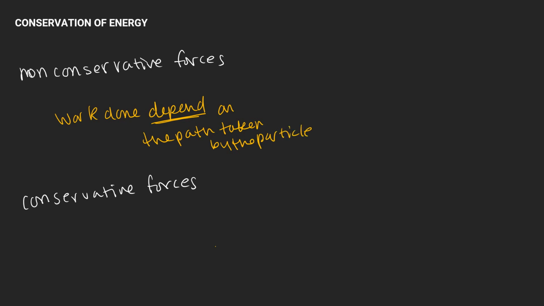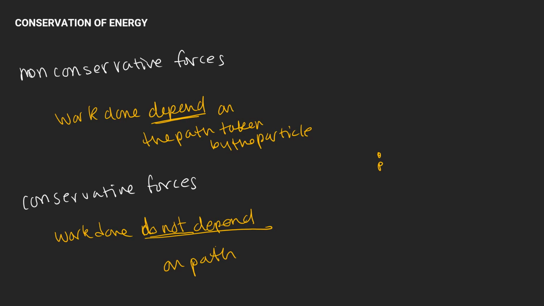When you have conservative forces, the work done by those forces do not depend on path. And so what do I mean by path dependency? So again, imagine we have our particle, and there's its starting position, and there's its end position. So this is our O, this is our F, and we have a force that's applied.